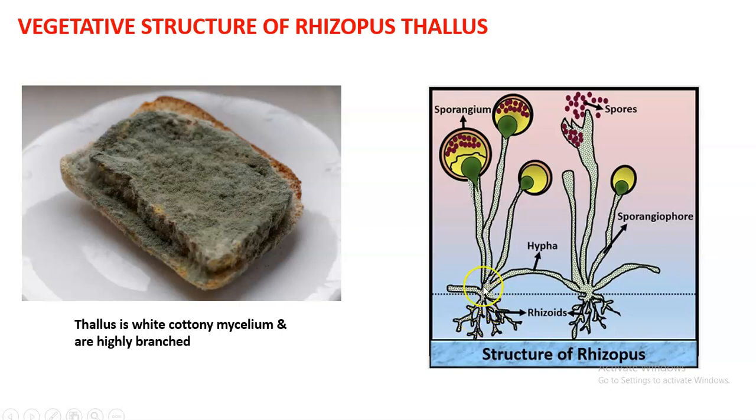This erect thallus is called sporangiophore because it is bearing sporangium. We are not drawing the sporangiophore here because there is no rhizoid here. So you should keep that in mind.